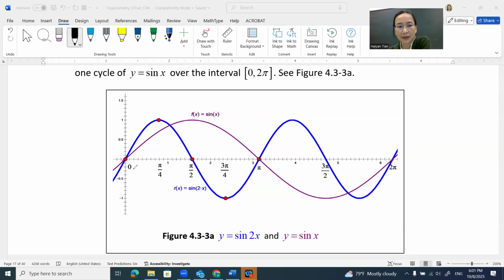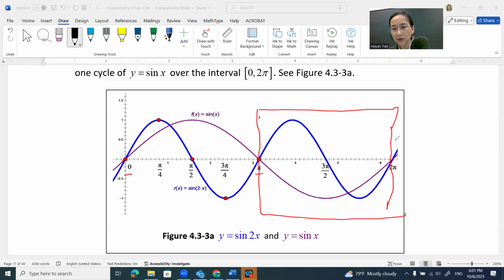If you extend to the next interval, from 0 to pi you have one period, and from pi to 2 pi you get another period. You just reproduce the behavior. So from 0 to 2 pi, we see two periods of this function, y equals sine 2x.